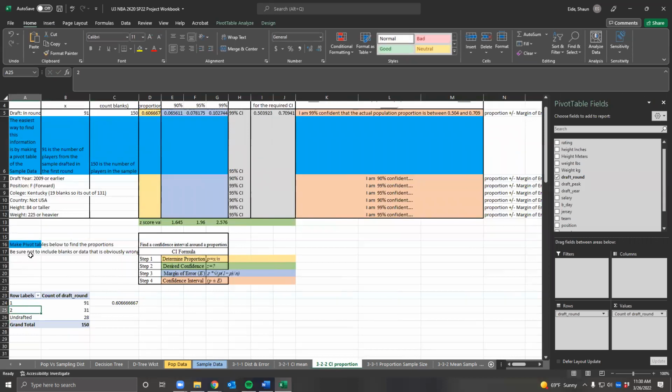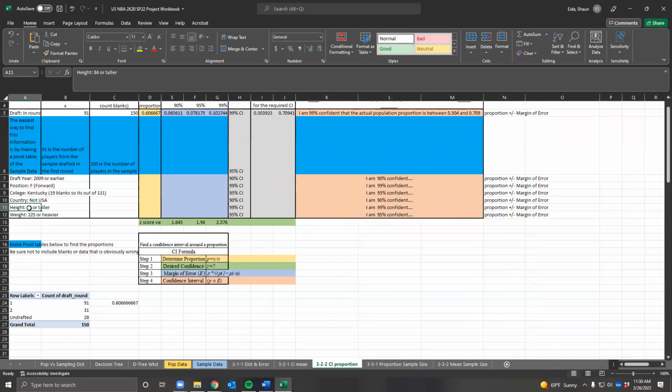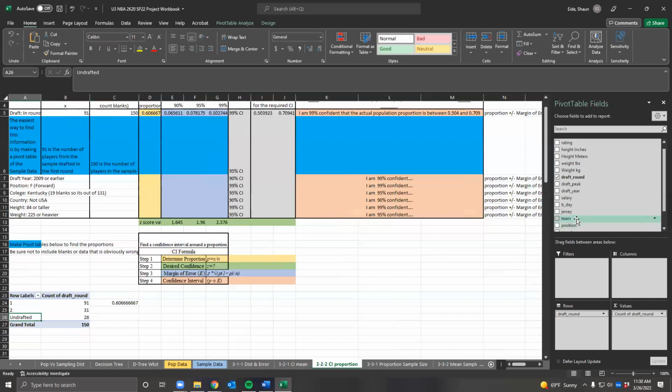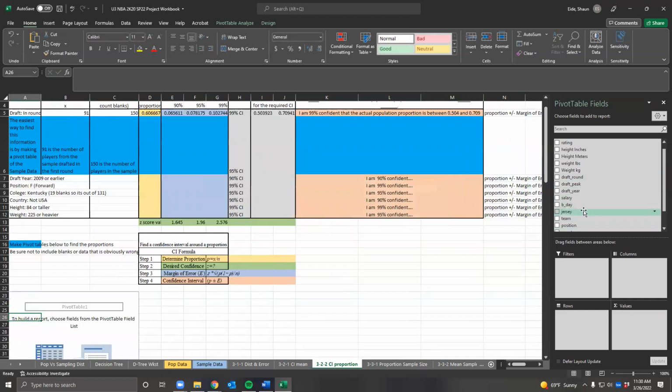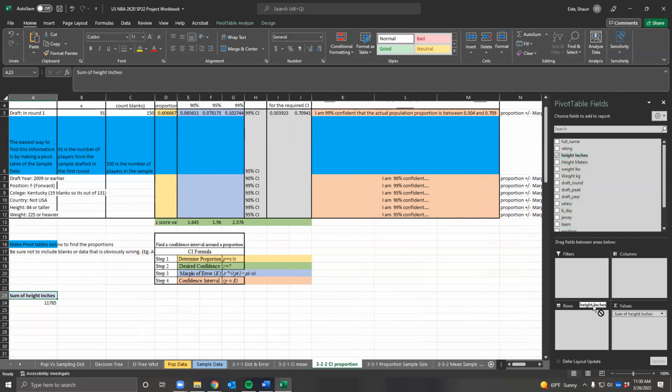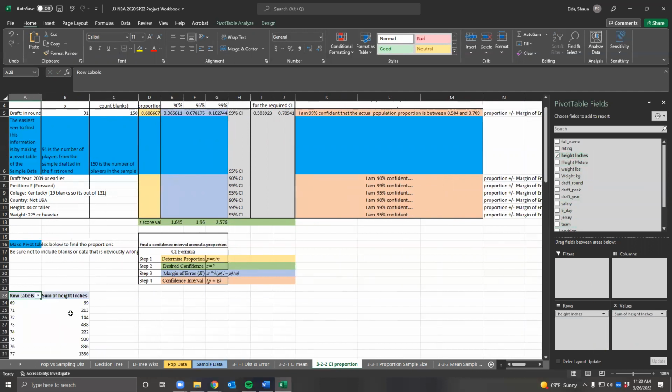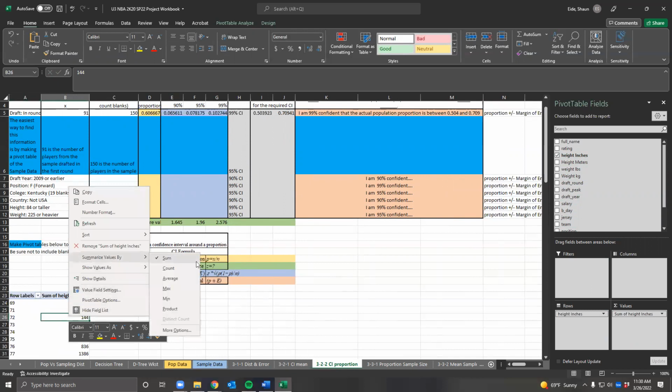Okay. And then you can do the same thing. Let's do this one: height, 84 inches or taller. So we come in here and do height in inches. It goes into sum right away. We don't want sum, we want summarize values by count.